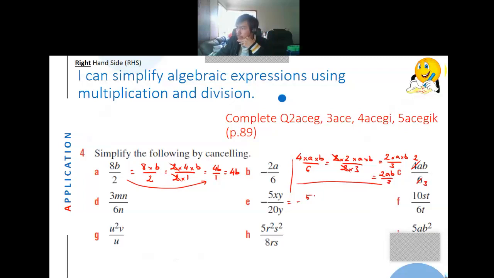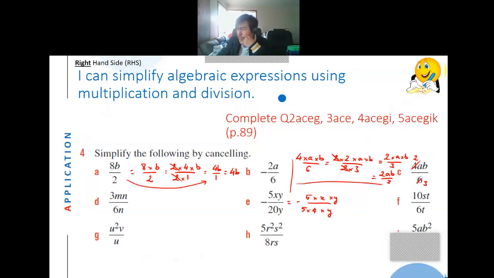So this is 5 times x times y. And now 5 can go into 20, right? Oh, and I should have written this as 5 times 1 times x times y. Okay. That's all right. I'll write that later. And 5 can go into 20, and 20 is 5 times 4 times y.